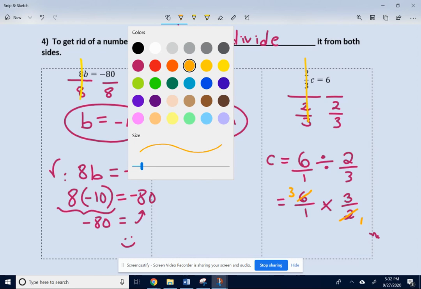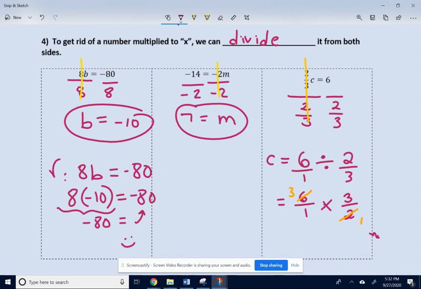So we have 3 times 3 over 1 times 1. And now multiply the tops and the bottoms. 3 times 3 is 9. 1 times 1 is 1. So we're getting an answer of 9 divided by 1. It'd be a lot more simple if we just wrote that as 9. c is equal to 9.